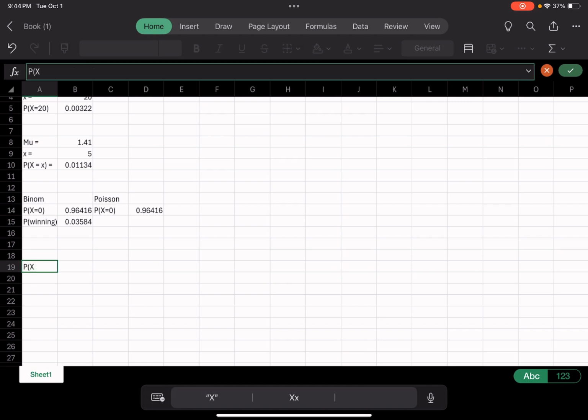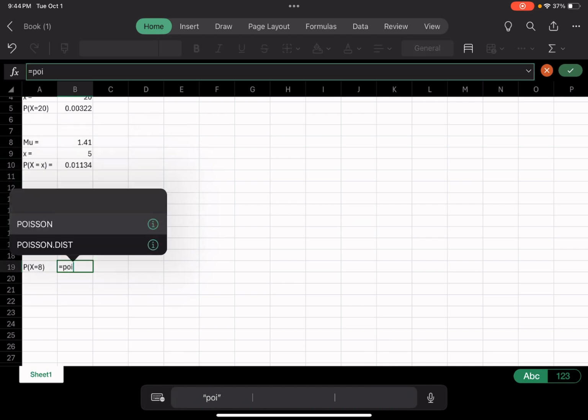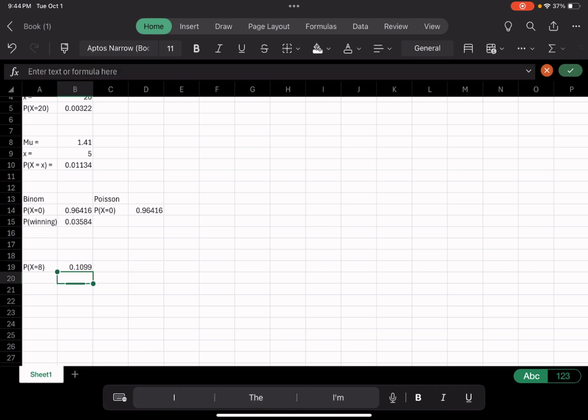P of X equals 8 equals Poisson.dist, X is 8, mean is 6.2, cumulative is 0. Probability is 0.1099.